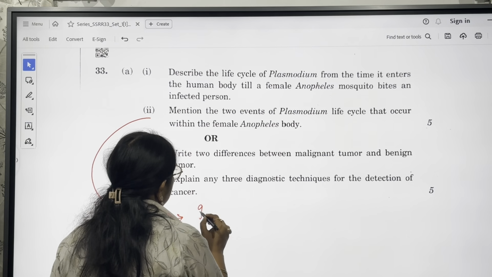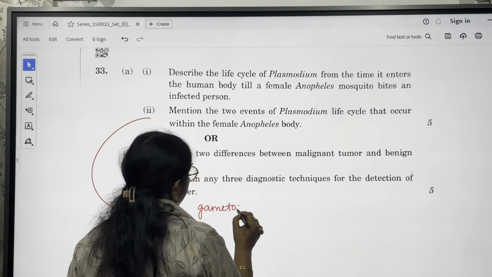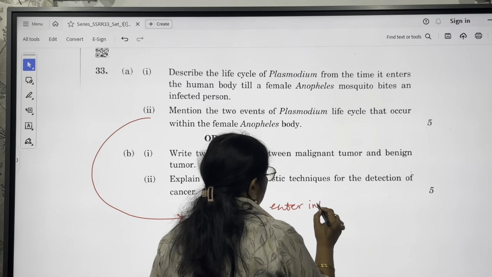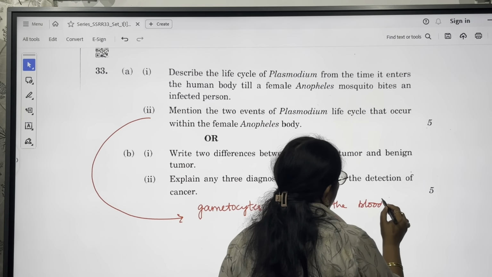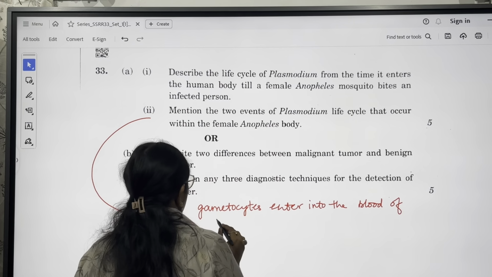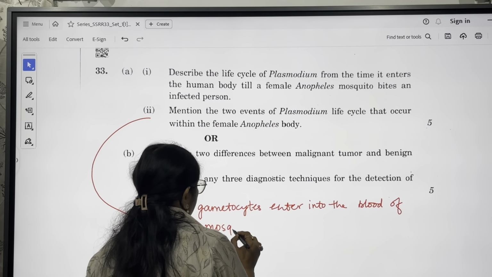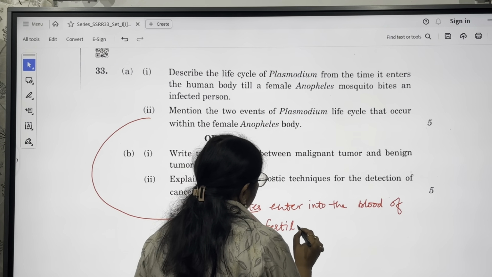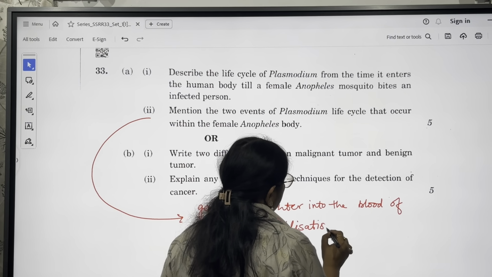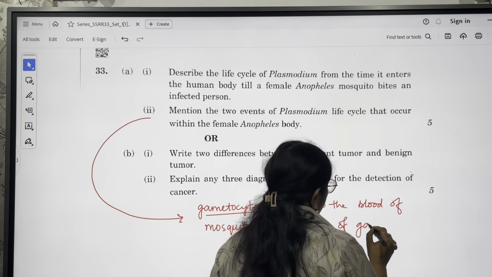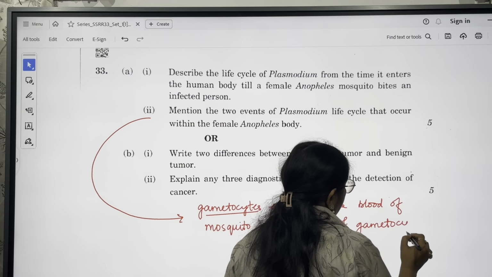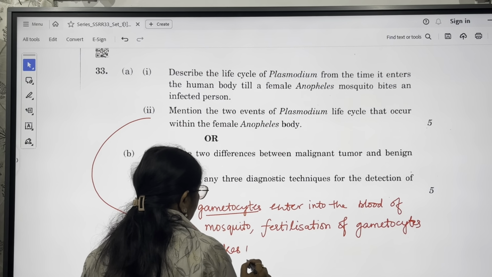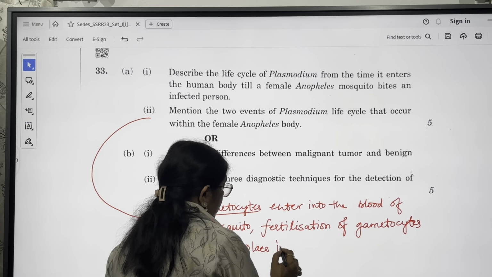The gametocytes enter into the mosquito, and there, fertilization of gametocytes takes place in the gut of mosquito.